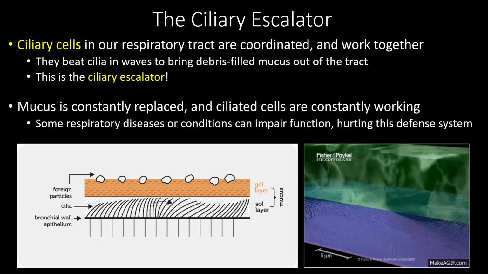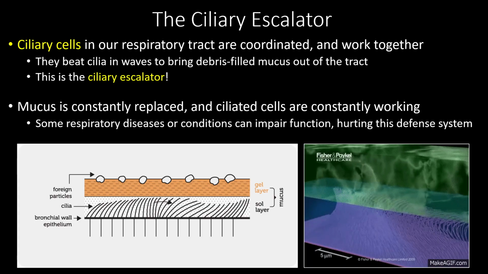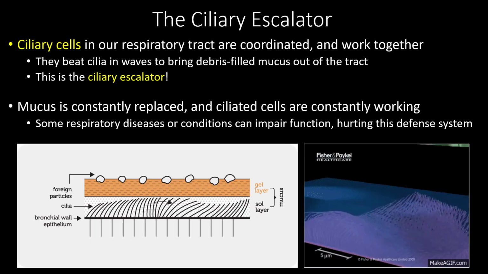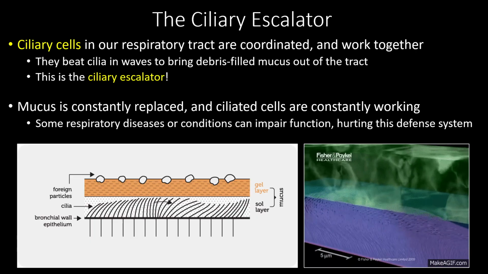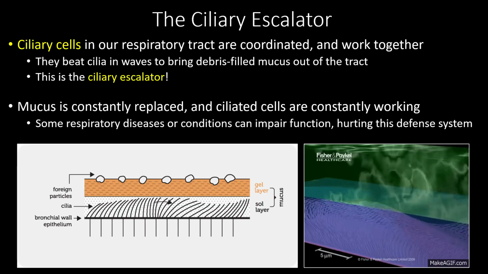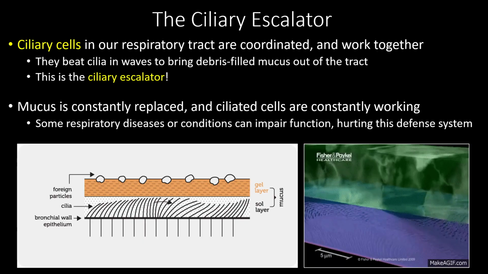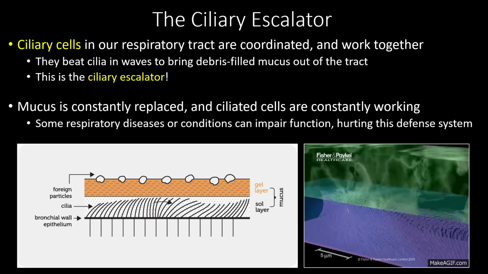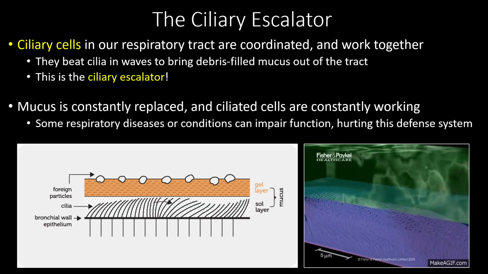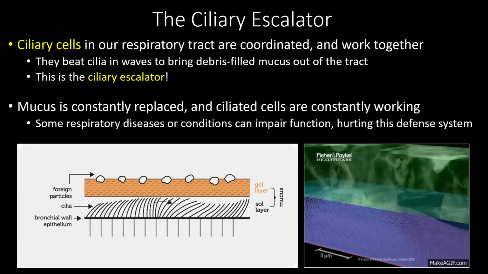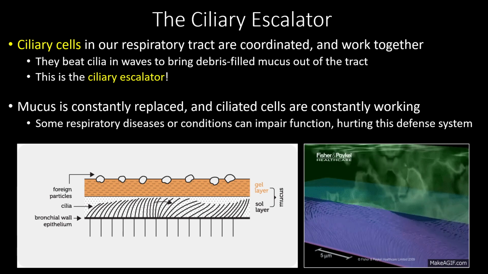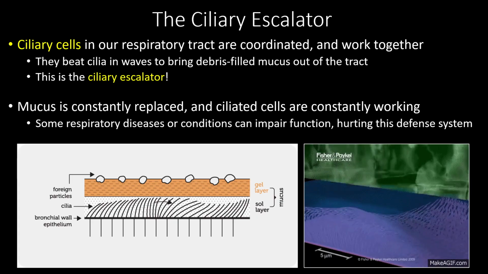And so the ciliary escalator is the process by which the ciliary cells that line our respiratory tract beat their cilia and move this medium up and up and up, against gravity, out of our respiratory tract, and then usually over the epiglottis and into the esophagus for us to swallow. Most of it is swallowed, but you could also hack and cough it up and things like that.